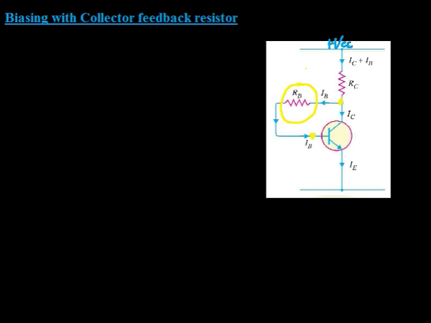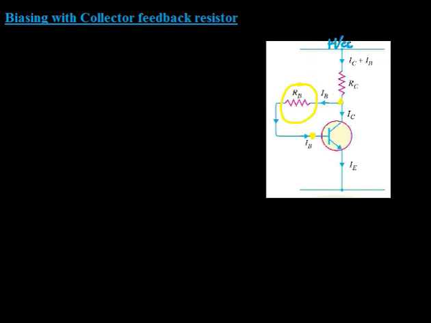In the previous case, that is the fixed bias, otherwise called the base resistor method, the base current IB is solely determined by VCC, because RB is directly connected to VCC.